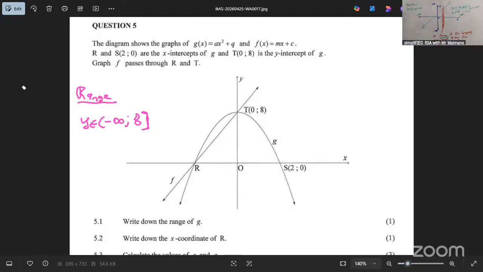Does everyone agree? Yeah. Because you can either present it like this, or you can say y is less or greater than 8. These two things mean the same thing.